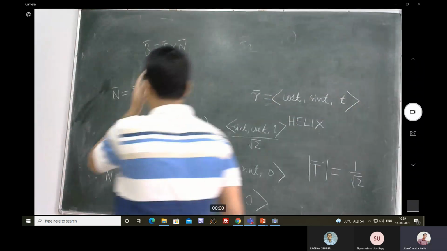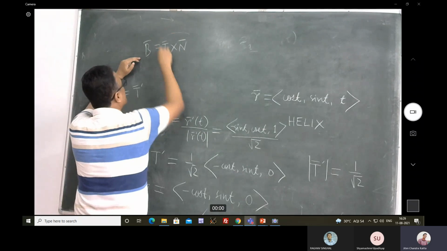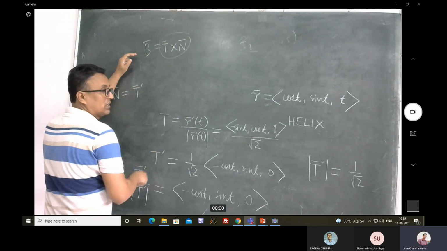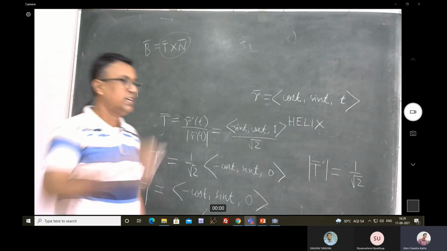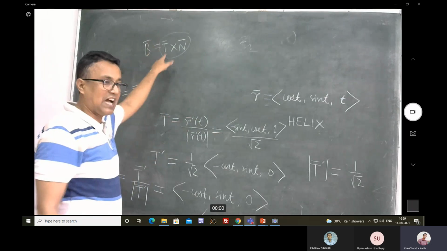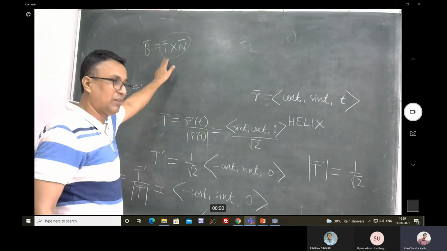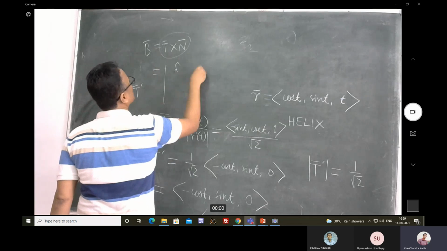For the binormal, you should be careful about the order. It is always T cross N, because if it is N cross T, it is going to be in the opposite direction. That is why I had another look at it. You have to follow this.